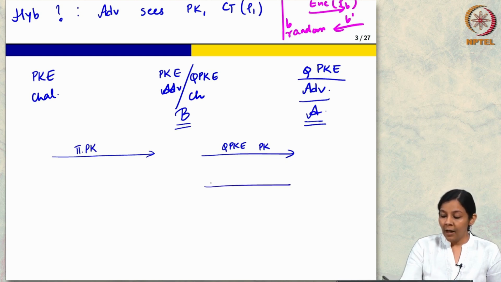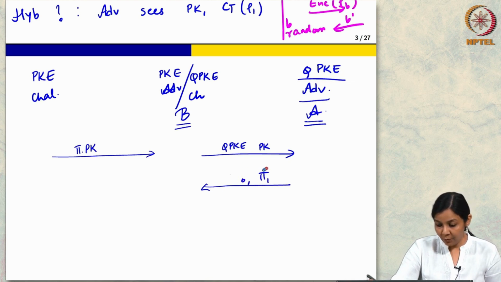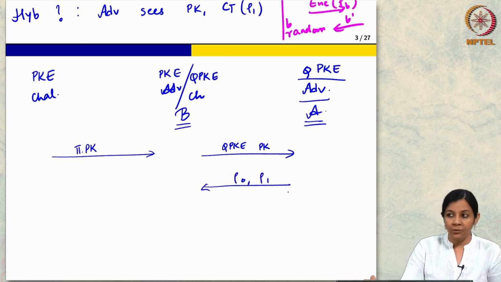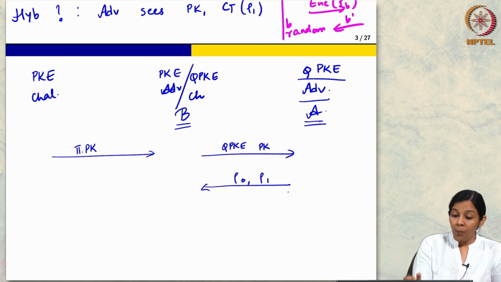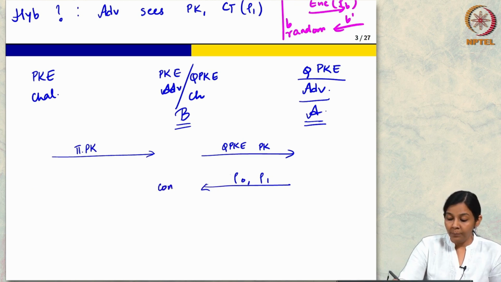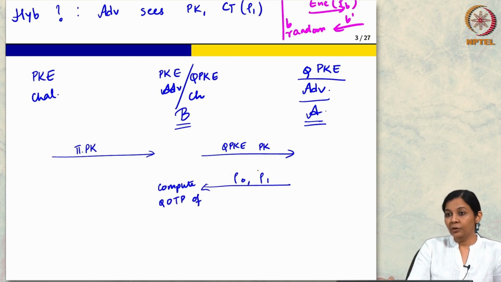Okay. Now, this adversary gives rho 0 and rho 1. So, this guy gives the challenge as rho 0, rho 1. Now, what does our reduction do? So, now I want to compute a QOTP of which of the two?